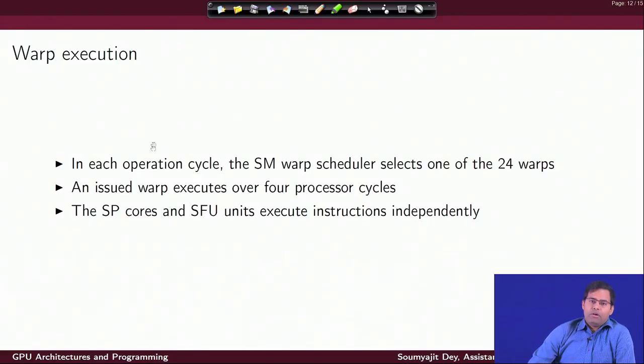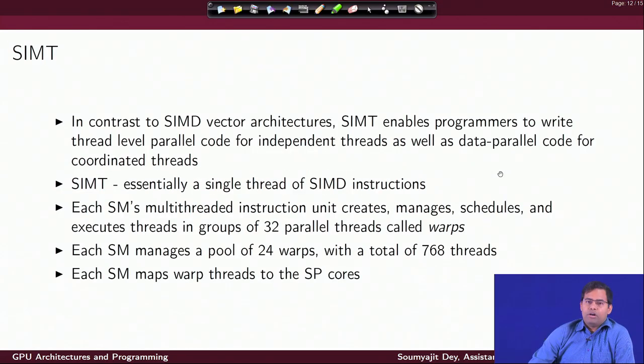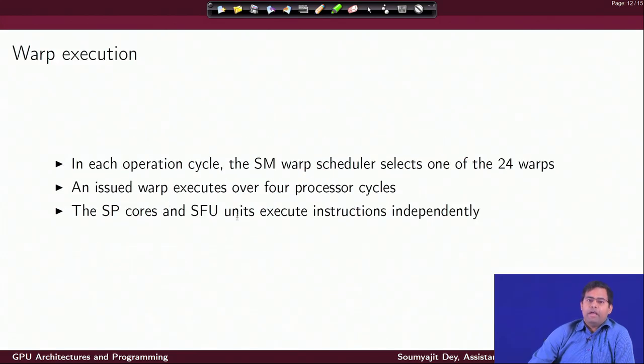So, execution of warps. In each operation cycle, the SM warp scheduler will select one of these 24 warps. This is again just a synthetic example. I have 24 warps, one of them will be picked up, and in each cycle of activation of the SM's warp scheduler, it will select one of these 24 and map it to its SPs, so that the SPs can process that warp.